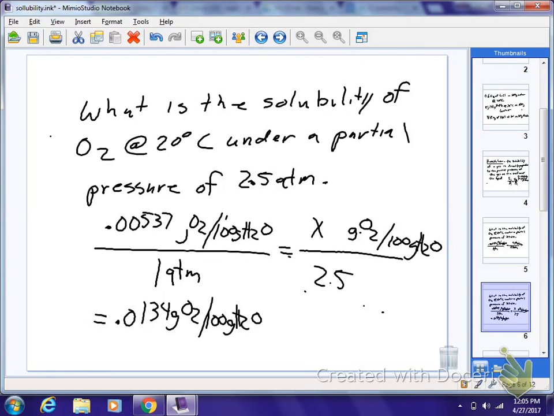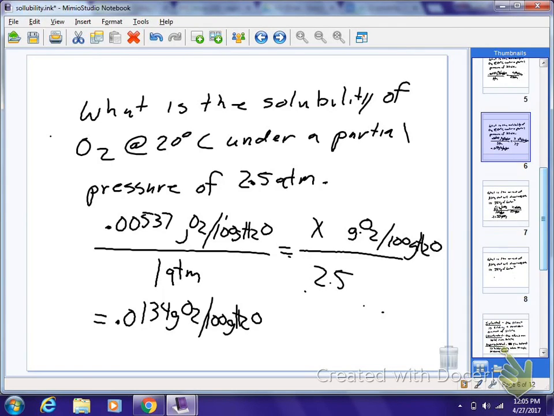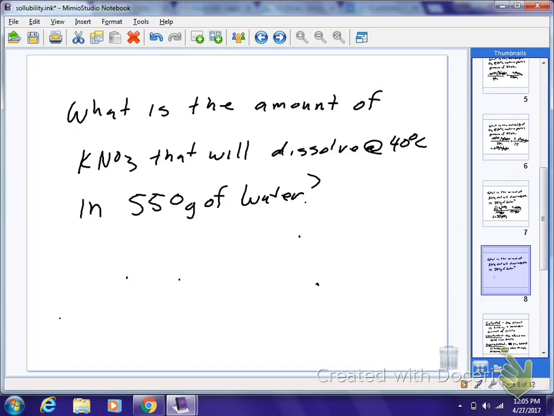We're going to vary how much water we're using to dissolve our substance. Okay, so another proportion problem. What is the amount of KNO3 you can dissolve in not 100, but 550 grams?